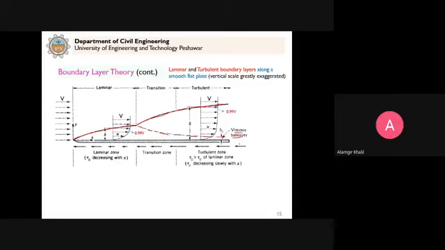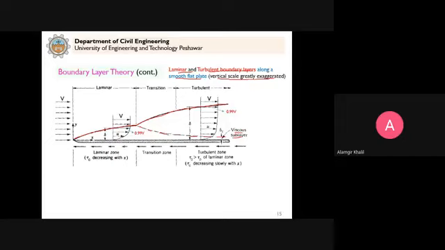Next, we are interested in the laminar and turbulent boundary layers along a smooth flat plate. This boundary layer is very thin, as you saw in the video and in the previous slides also, but it is shown exaggerated, meaning the vertical scale is greatly exaggerated. Just for understanding, to visualize, we show it big. Otherwise, this is a very thin layer.